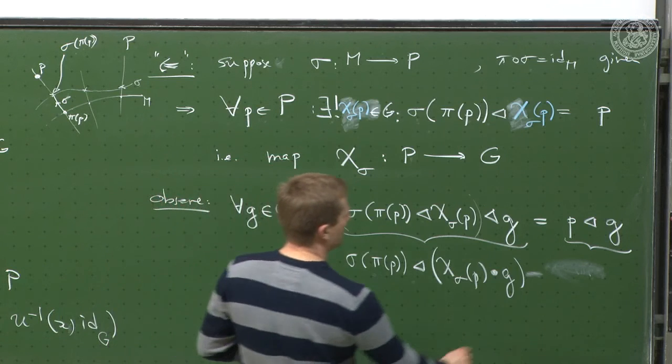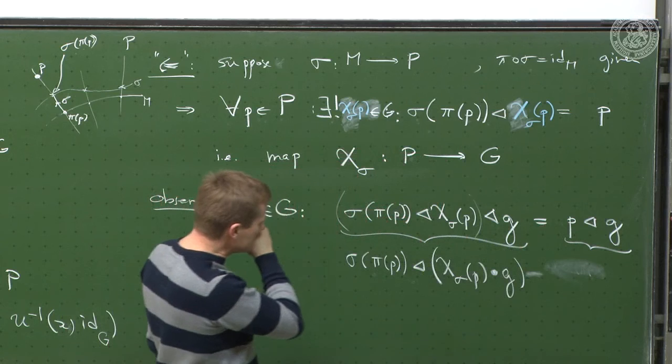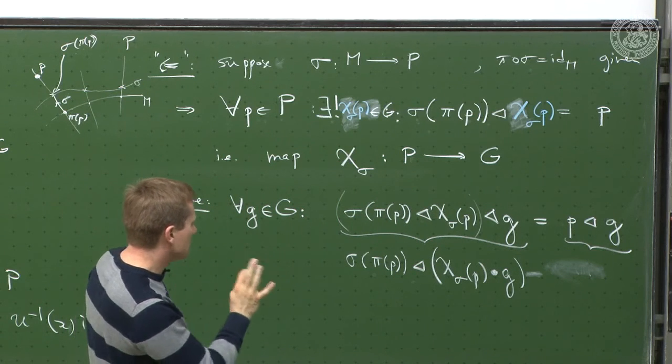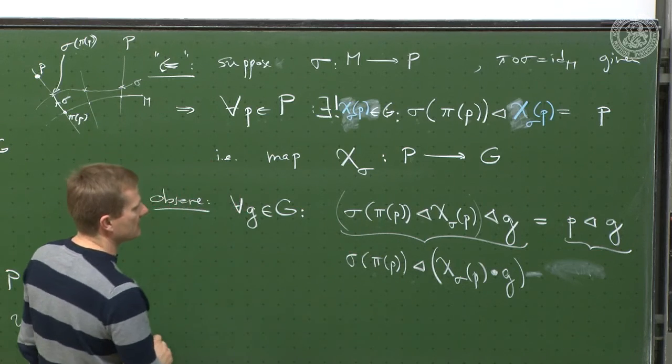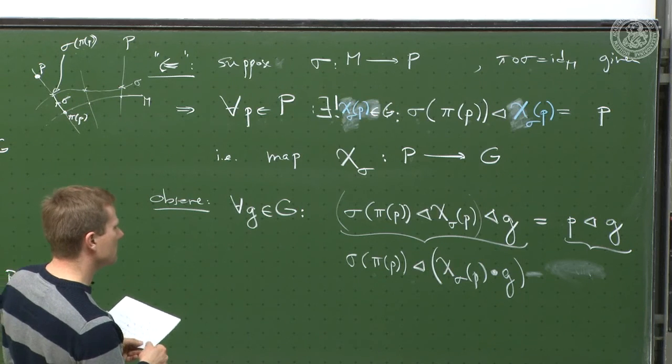So this is this, but because this is this, I can also... let me write down this left-hand side in yet another way. But hang on, can that be the thing I want to do? I'm sorry. I want to get the G out.